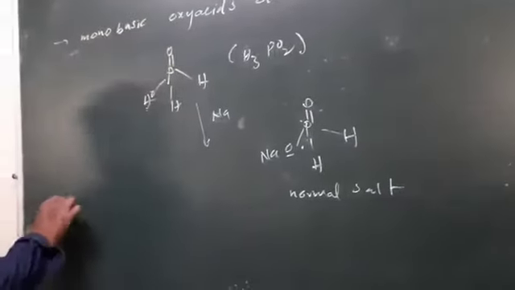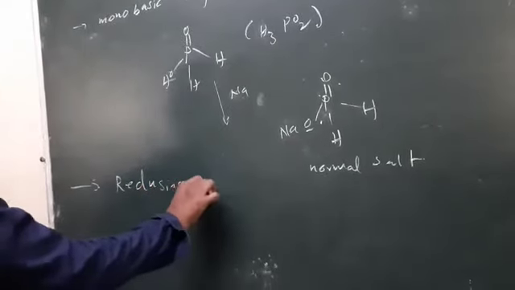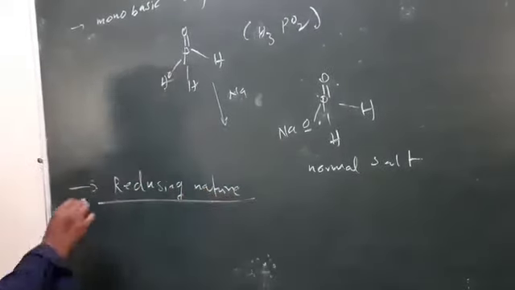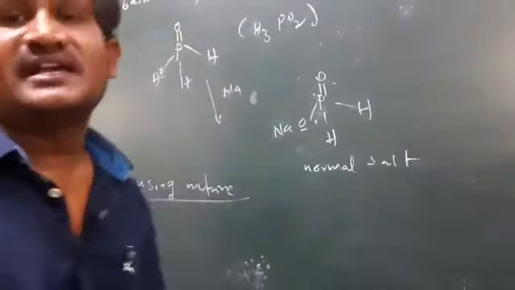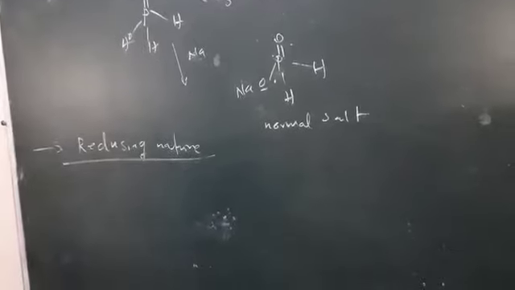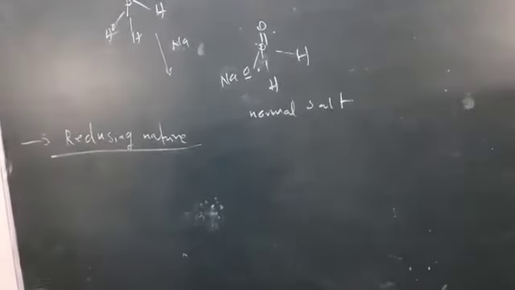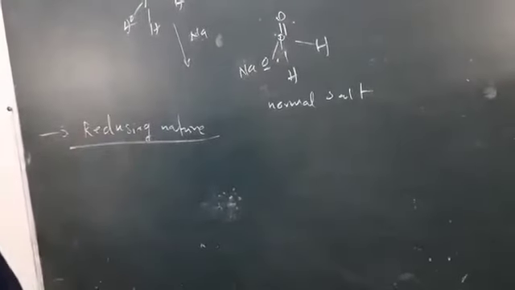Next, reducing nature. These oxyacids also act as reducing agents. They act as reductants, meaning they can reduce others. This reducing nature depends on the number of P-H bonds.